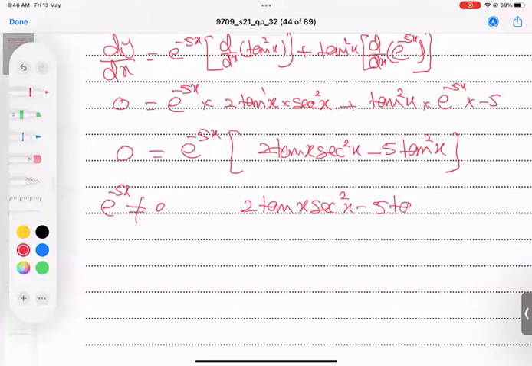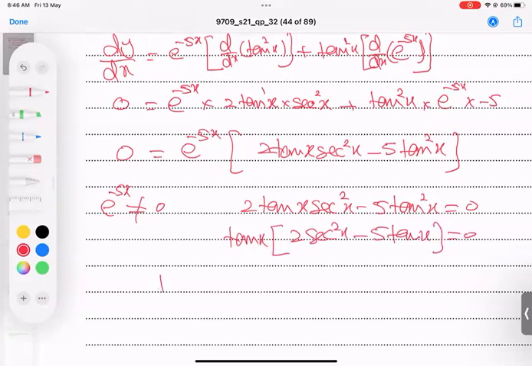So 2 tan x secant square x minus 5 tan square x equals 0. How to deal with this? We need to find one equation to solve it. First of all, I think we can take tan common even from here. So I'm getting here tan x times 2 secant square x minus 5 tan x.